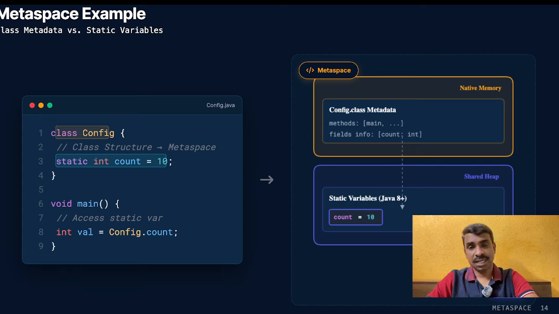Because it is class level, all the class-level things are held in the metaspace. Object-level things go to the shared heap. Here the value count equal to 10 goes to the shared heap, because it's an object, right? So this is how the metaspace works. Metaspace holds class metadata, static variables, the method names, and the type of variable, everything it holds in the metaspace, but objects are in the heap.